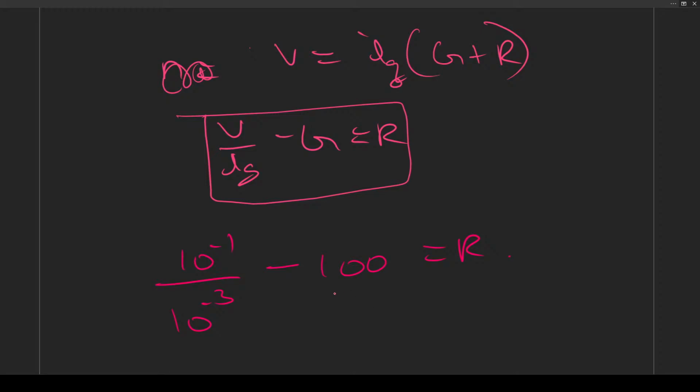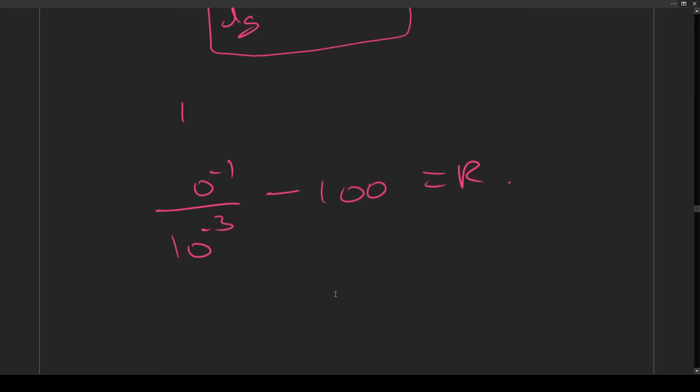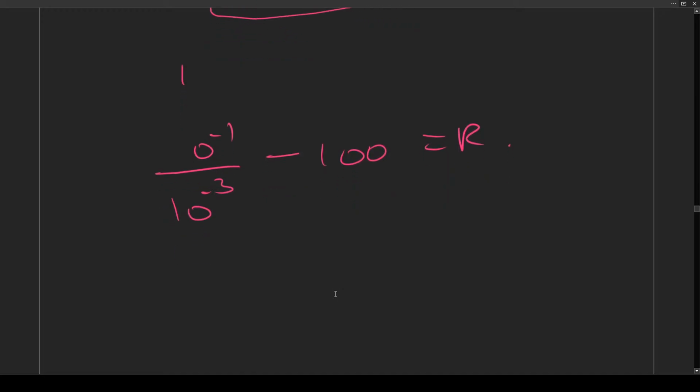So it should be 100 minus 100, so it will become 0. That is not the case. Or maybe we can take this as 100.